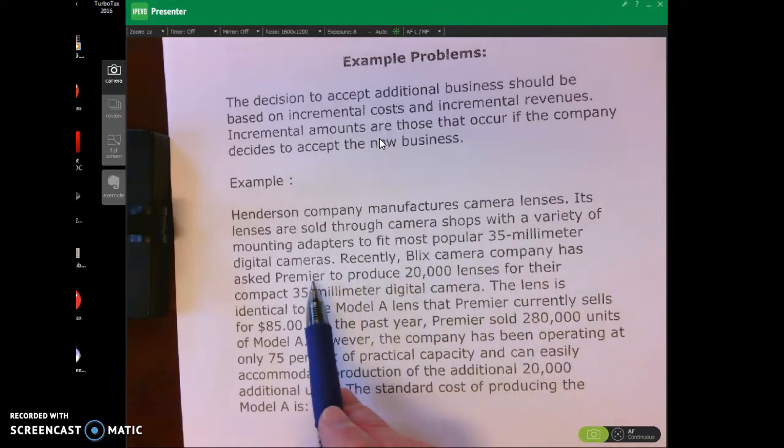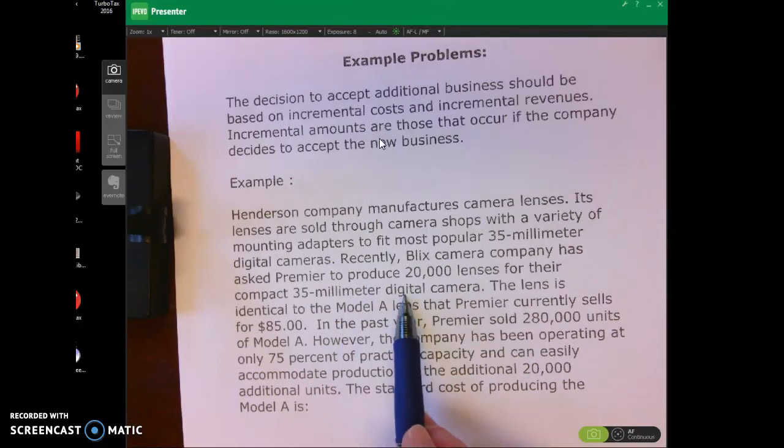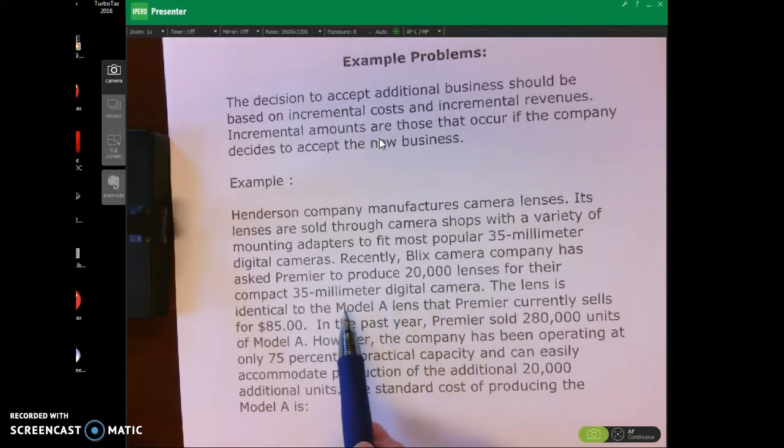Recently, a camera company has asked Premiere to produce 20,000 lenses for their compact 35mm digital camera. The lens is identical to Model A that Premiere currently sells for $85. In the past year, Premiere sold 280,000 units of Model A. However, the company has been operating at only 75% practical capacity and can easily accommodate the production of an additional 20,000 units.